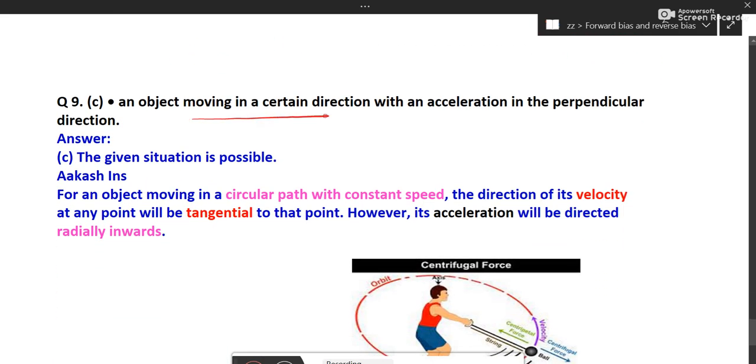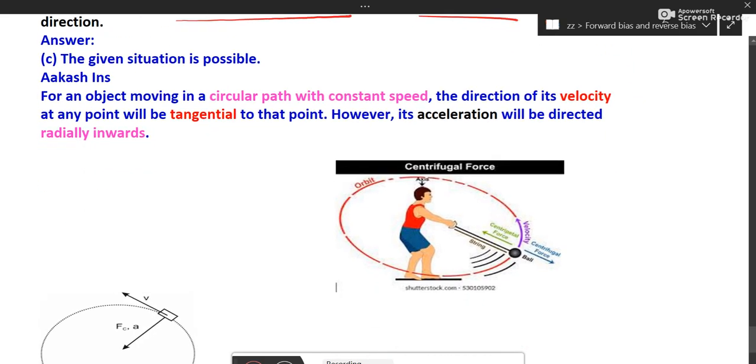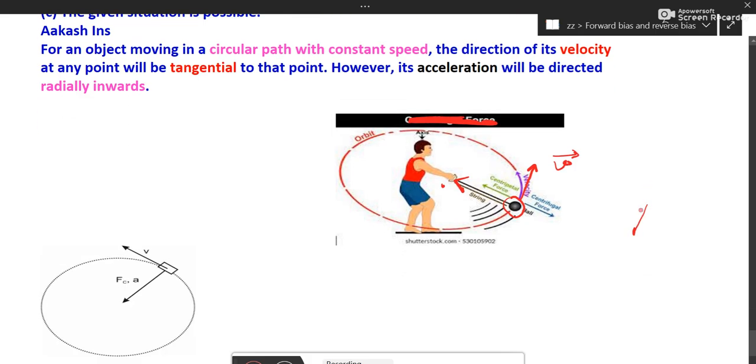An object moving in a certain direction, acceleration in a perpendicular direction. So yes, for example, when we make an object move in a circular path, then velocity is given along the tangent. So this is one direction of velocity, and acceleration acts toward the center along the radius. So velocity in one direction, acceleration in another direction.